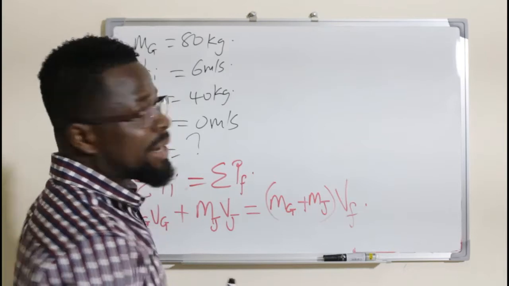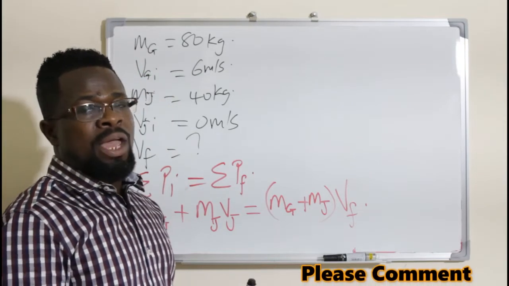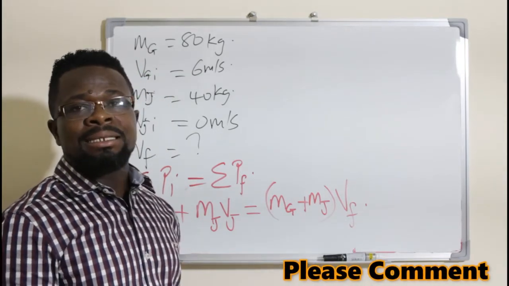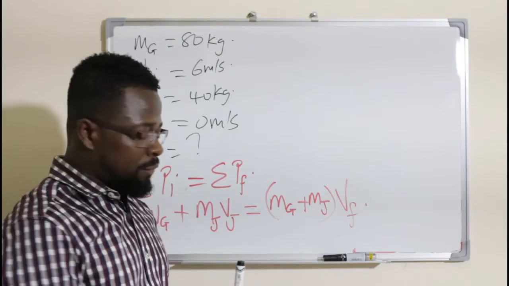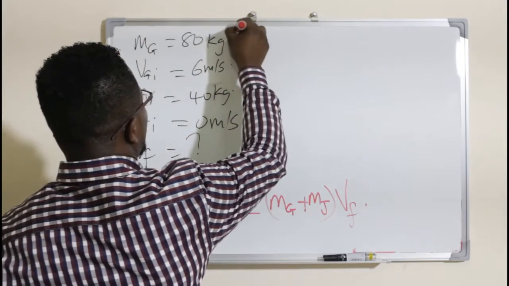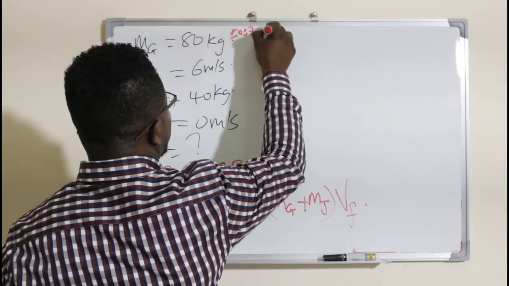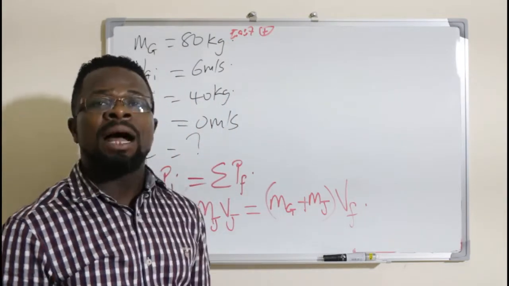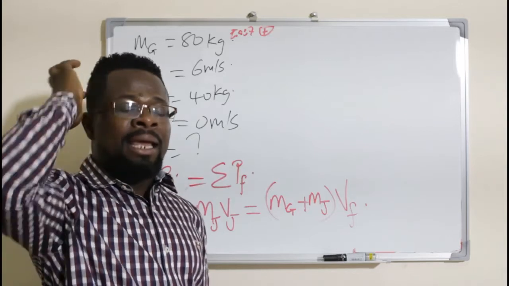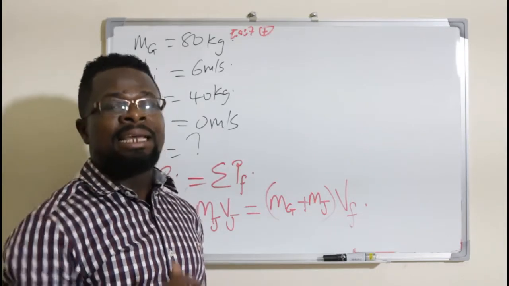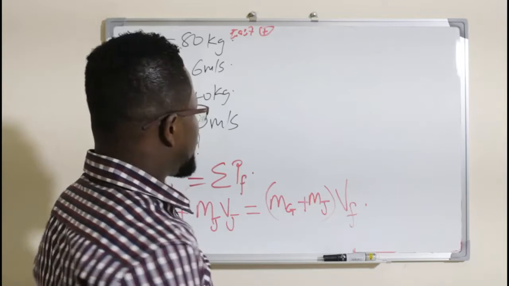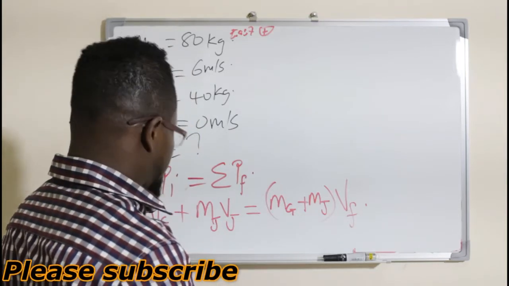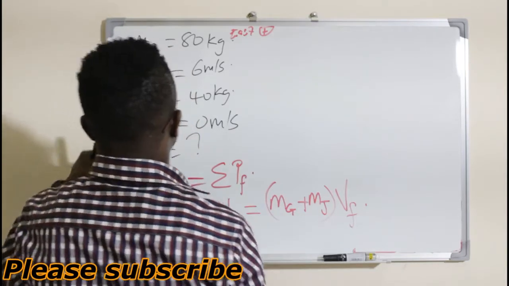First, let's take the direction of motion. We are going to take to the right, or to the east, as positive. So if you are moving in the east direction, that is positive. If you look at the diagram, you can see that Granny was moving in an east direction. So let's do the substitution.